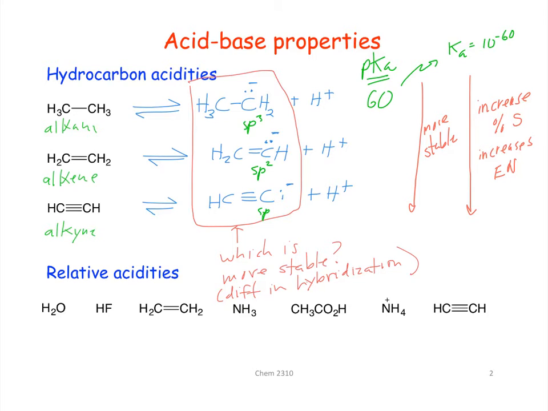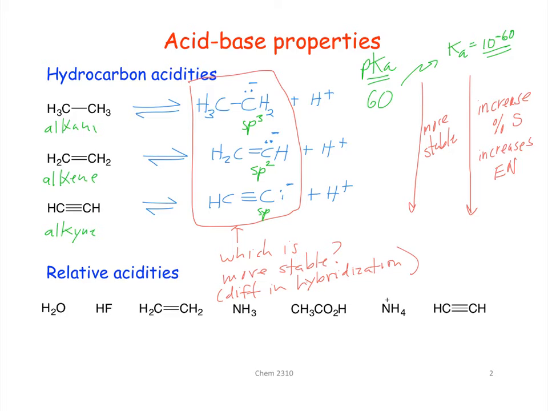Remember, the equilibrium constant is products over reactants. Is this a big number or a small number? This is an exceedingly small number. So essentially this equilibrium lies only over here. It doesn't go to the right at all.